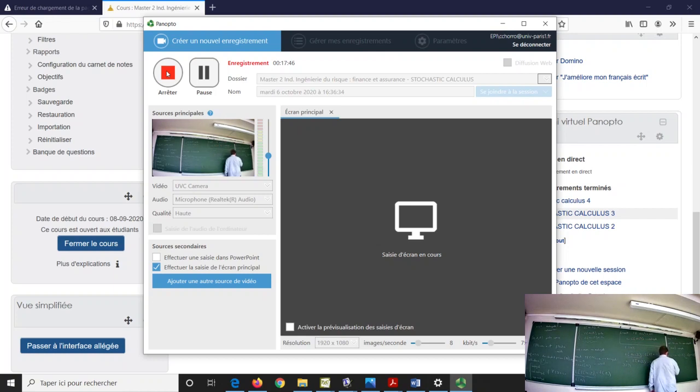So, the conditional expectation of (M_t minus M_s) squared given F_s is equal to the conditional expectation of M_t squared minus 2 M_t M_s plus M_s squared given F_s. I just developed the square, and now of course we are going to use the properties of conditional expectation and the fact that my process is a martingale.